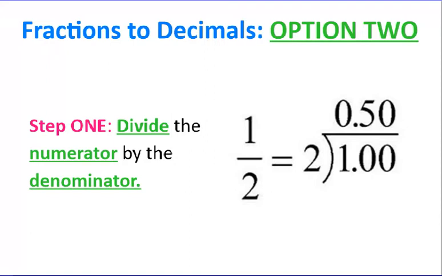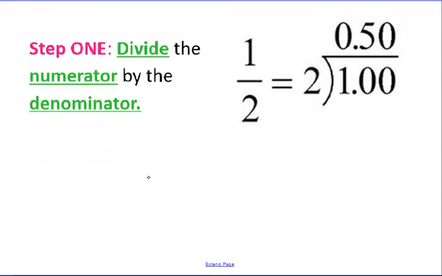Now, option 2 is you can just strictly divide. Now, this is not such a good picture, so I'm going to show you an example with 1 over 8. So if I have 1 over 8, that's not one that I can make into a 10, a 100, or a 1,000. So what I'm going to do is I'm going to sort of flip it upside down, okay?